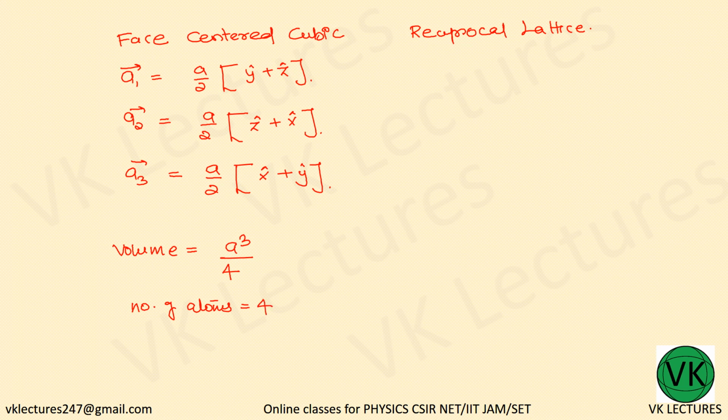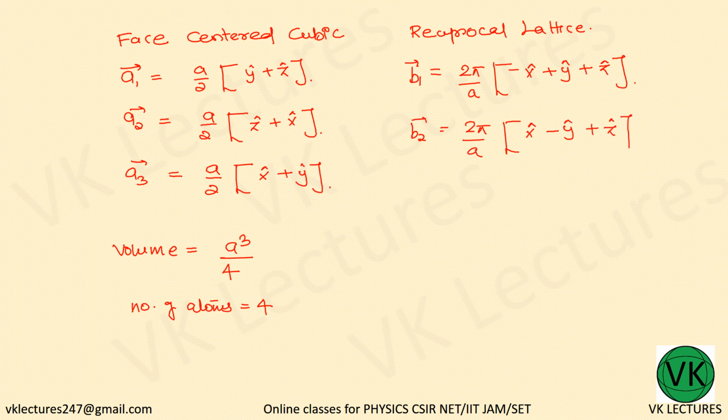So the reciprocal lattice vectors are given by b1 equal to 2 pi by a into minus x cap plus y cap plus z cap, b2 equal to 2 pi by a into x cap minus y cap plus z cap, b3 equal to 2 pi by a into x cap plus y cap minus z cap.